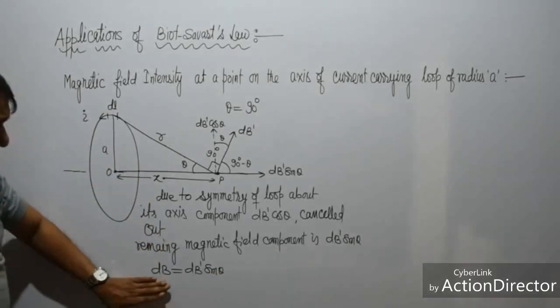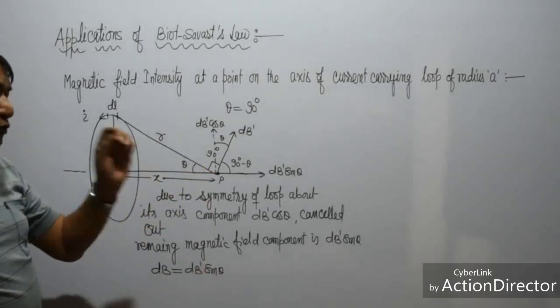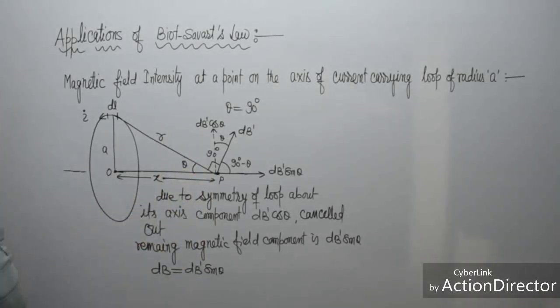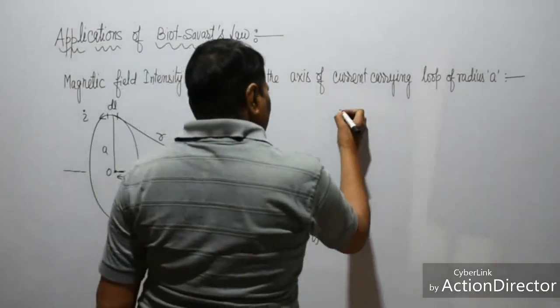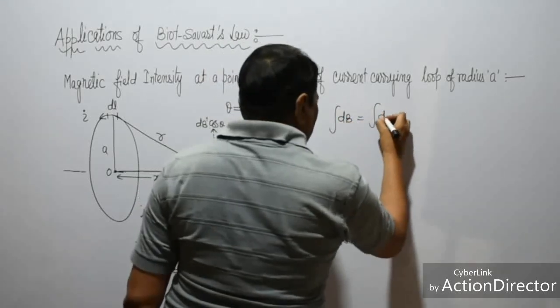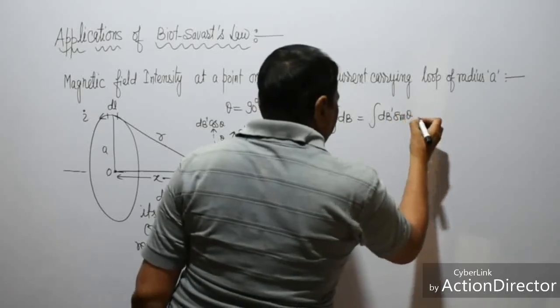Now if we integrate dB, then we will find the total magnetic field at this point P. So integrating this, dB is equal to integration dB dash sin theta.